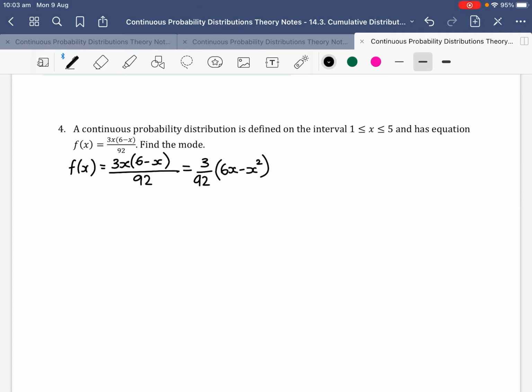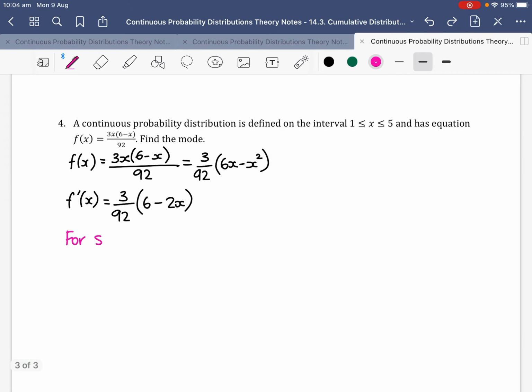So we'll find f dash x. f dash x is going to be 3 over 92, which stays the same, and then we differentiate inside the bracket. So it will just be 6 minus 2x. And for stationary points, we let f dash x equal 0.